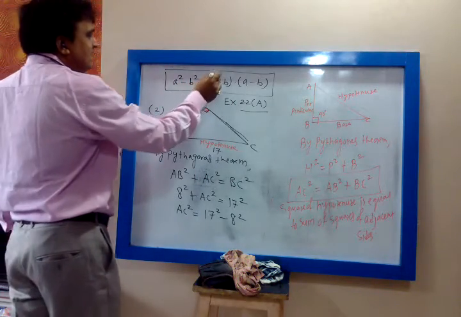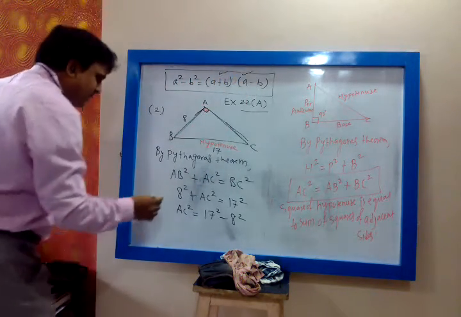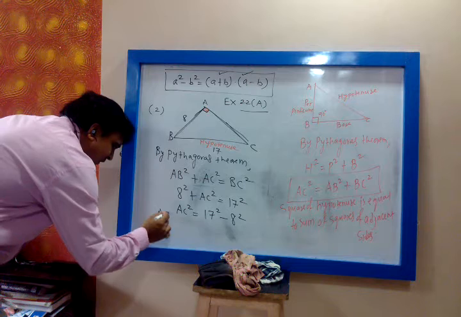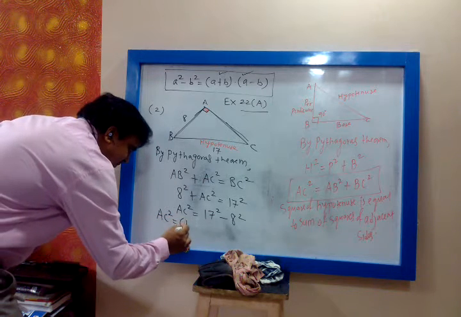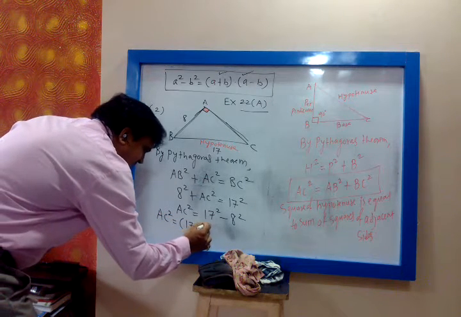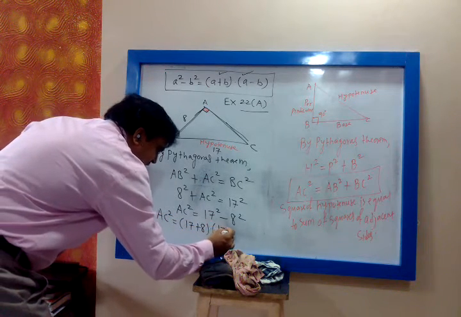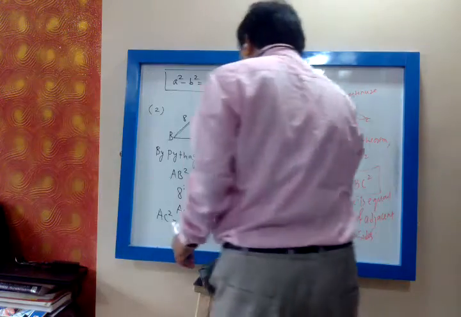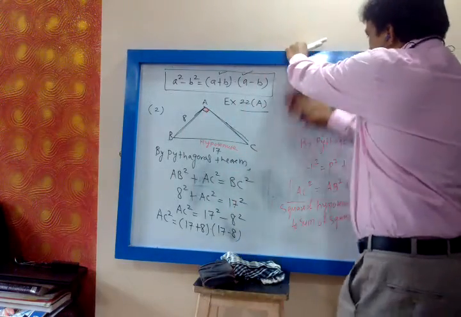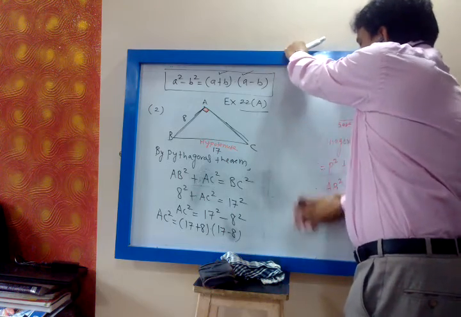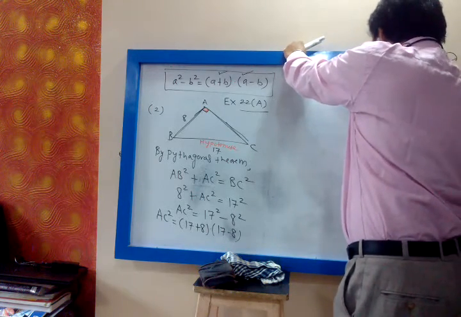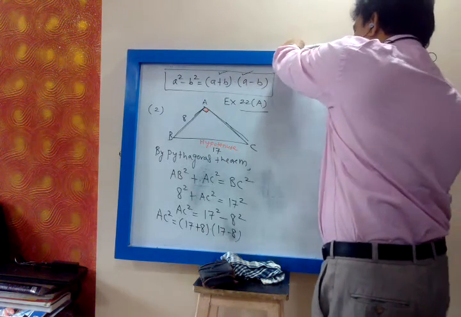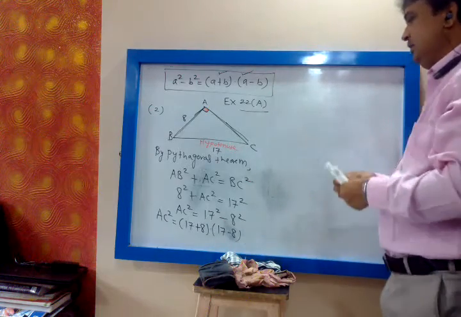Now apply this formula. So AC square will be 17 plus 8 into 17 minus 8. You can calculate square and simplify, no problem. 17 square is 289. 289 minus 64.